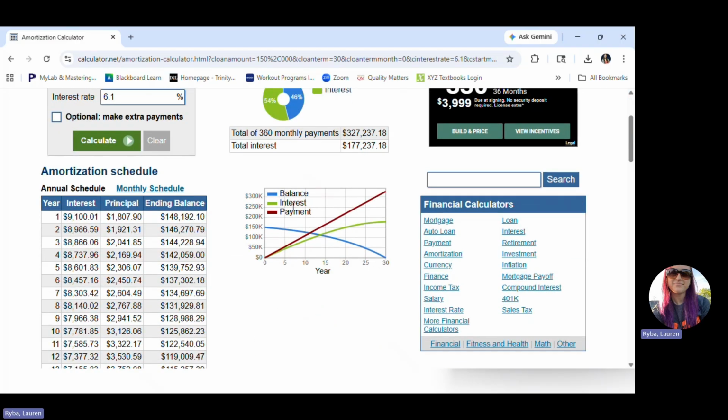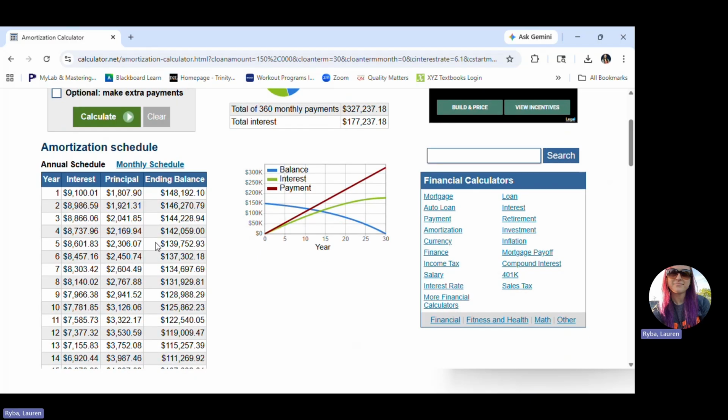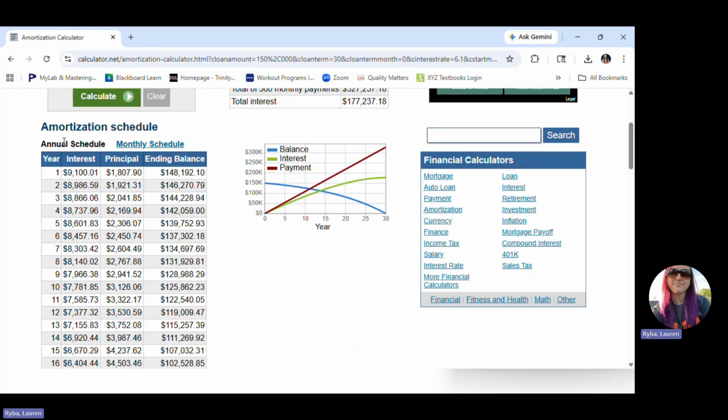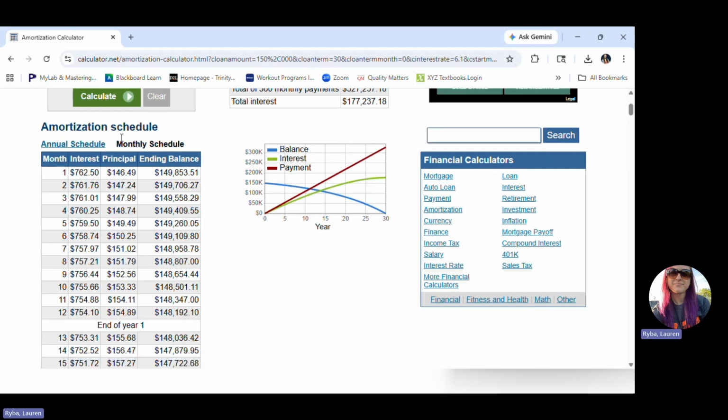Now there's a neat little graph here on the side that shows you how your payments sum up over time, how your balance decreases over time, and the amount you're paying towards interest over time. Now, there is an annual schedule here, or I could do a monthly schedule if you really wanted.